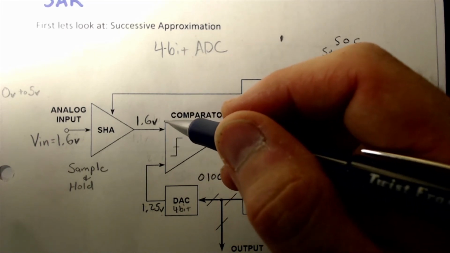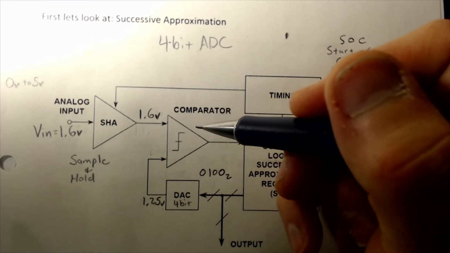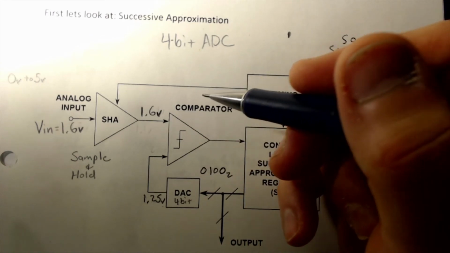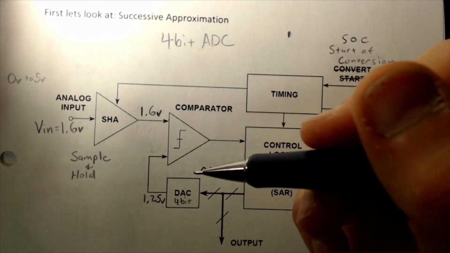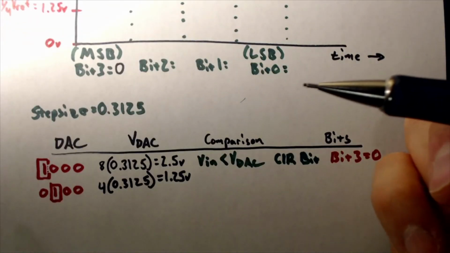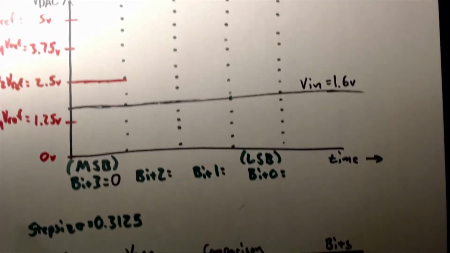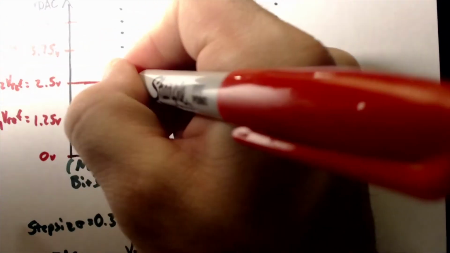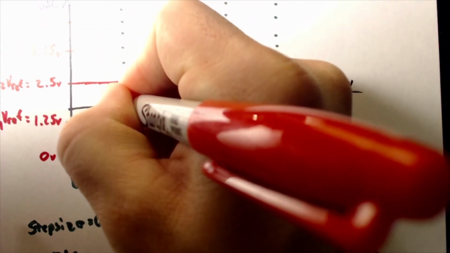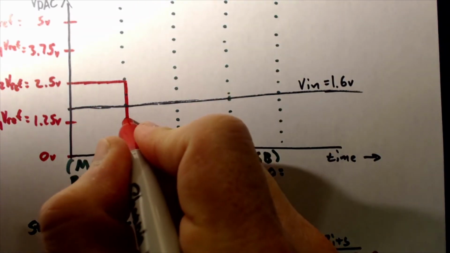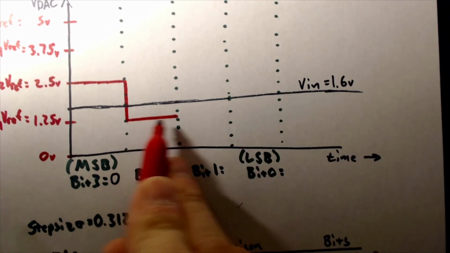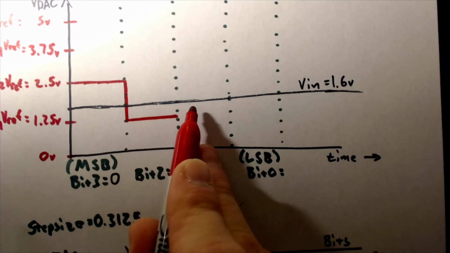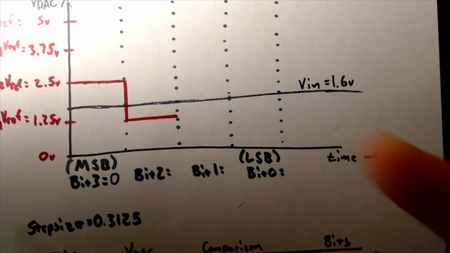Now you can see that the output of this comparison is going to be opposite of the previous bit. We are now too low. Graphically, we can see this. We're now comparing VDAC to our Vin, and it turns out we're too low.